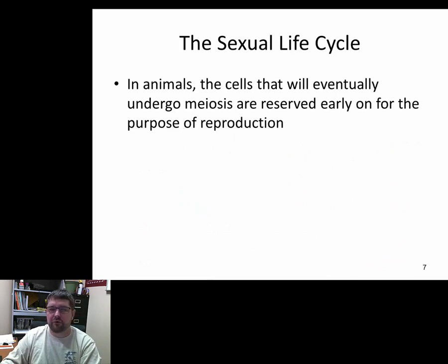So in animals, for the most part, we'll talk about animals that are going to do sexual reproduction. So from here on out, we're talking about animals and plants and other organisms that are going through meiosis. Okay? And so we're not going to talk about asexual reproduction anymore. That's mitosis, and we already covered that.